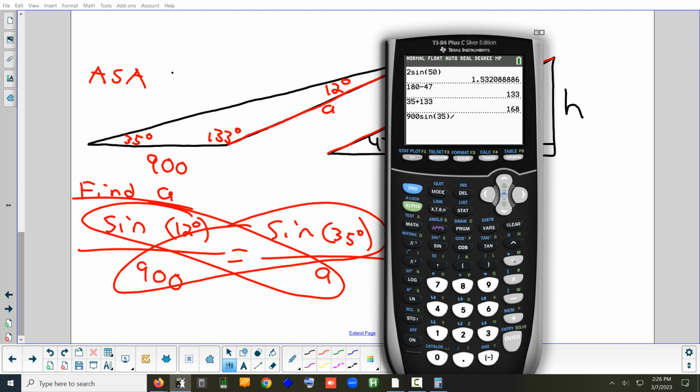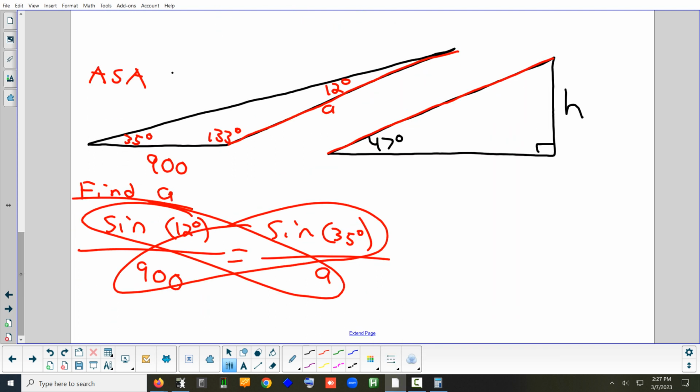It would be sine 12. Yep. I'm going to divide by sine 12, and that's going to get A by itself. Okay, so we know A is 2,482. Let's just say 0.9, we're just going to round it. So A is 2482.9.